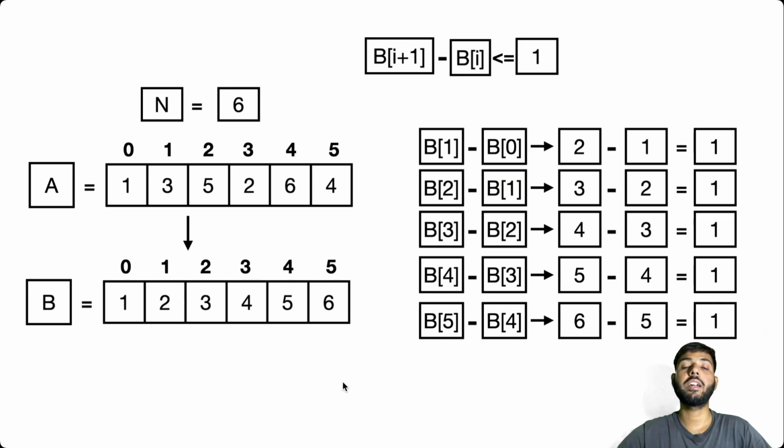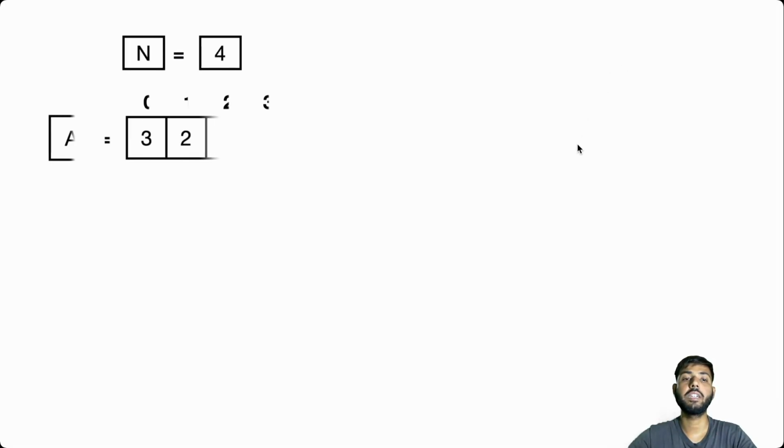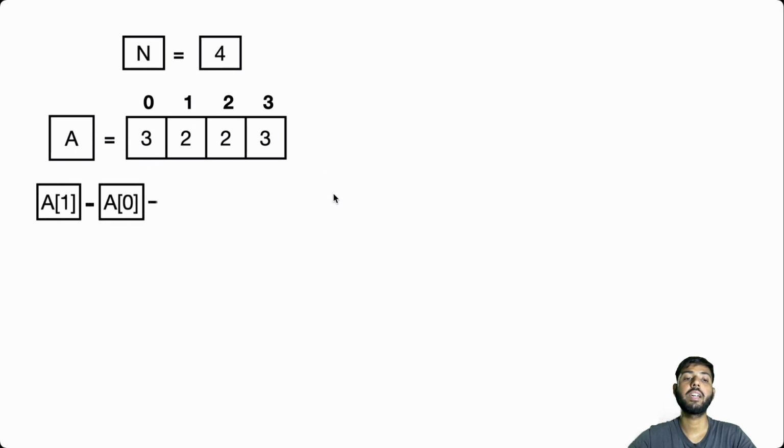Now let's quickly analyze the sample test cases, then we'll do the coding. Test case 1, we have n equals 4 and the input of the array is 3, 2, 2, 3. Here we do not need to rearrange the elements as it already satisfies the condition. Let's see. Index element 1 minus index element 0, that is 2 minus 3, which equals minus 1, and the absolute value is 1.